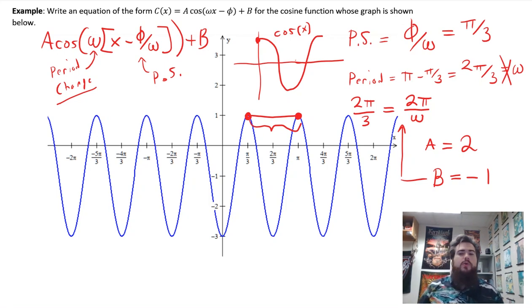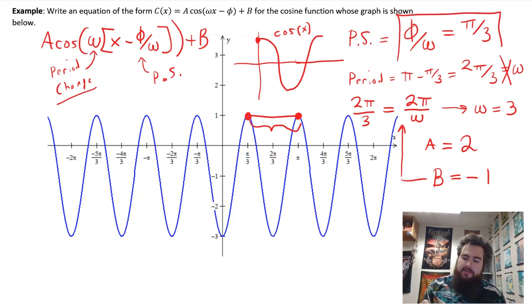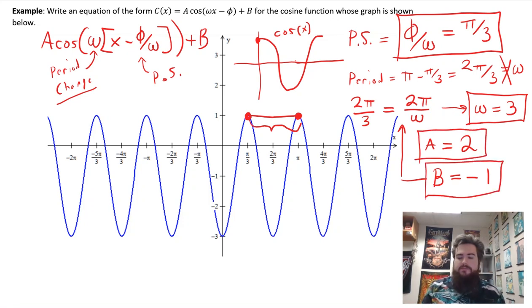You may need to do a little bit of math there then in order to solve for omega. In this situation though, omega is pretty simply just 3. Meaning I have all the pieces I need for my adjusted function. I have phi over omega, I have omega, I have A, and I have B.